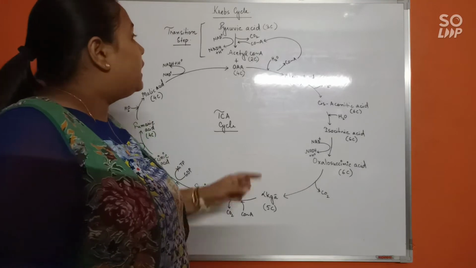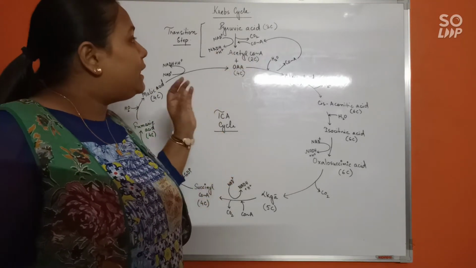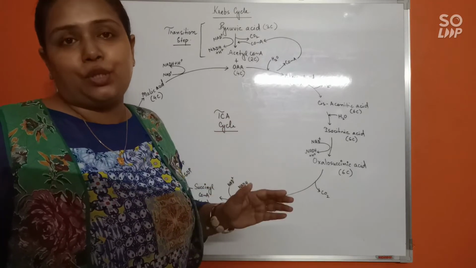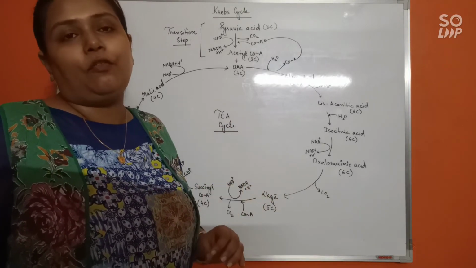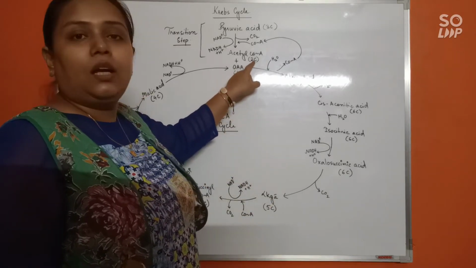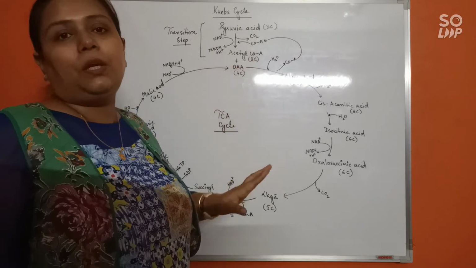So the acetyl coenzyme A, which consists of these 2 carbon, has to be lost during the Krebs cycle. That is the final and major objective of the Krebs cycle, to break down further this 2 carbon. This 2 carbon has to be lost.